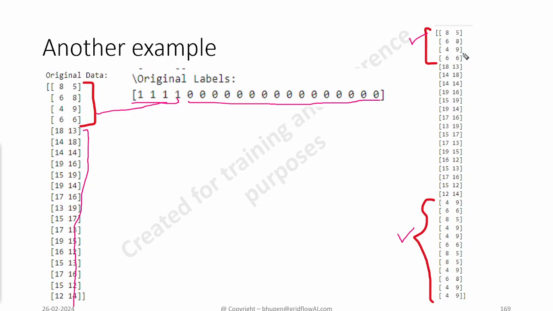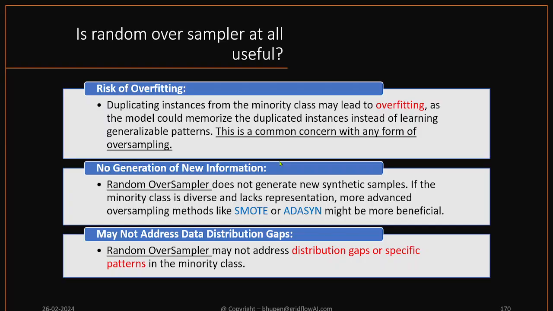But just to take a look, it is randomly picking from the known 4 samples in such a way that the count of 0 samples and the count of 1 samples is the same. This is what we mean by addressing the problem of data imbalance.